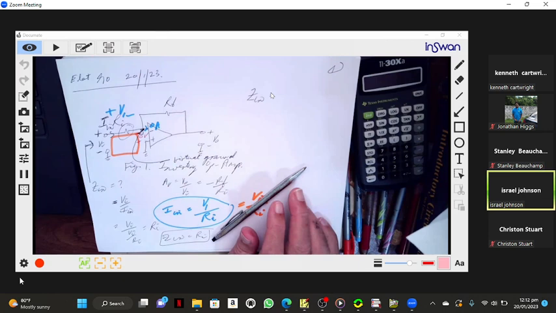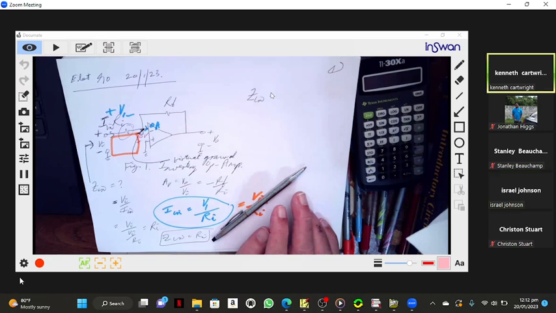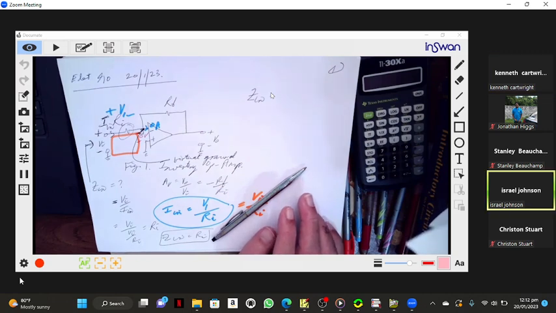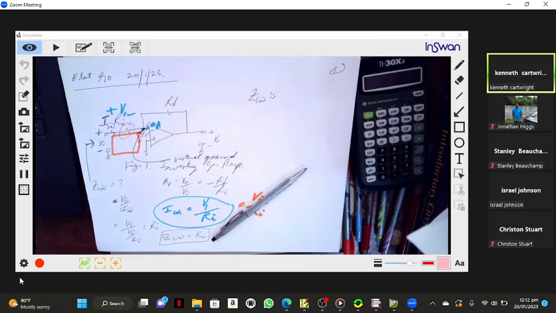Wouldn't it act as a ground? Couldn't we take that as a point? What do you mean, can it? We're looking at Zin. I was saying we could take it across that. Take Zin across the virtual ground?